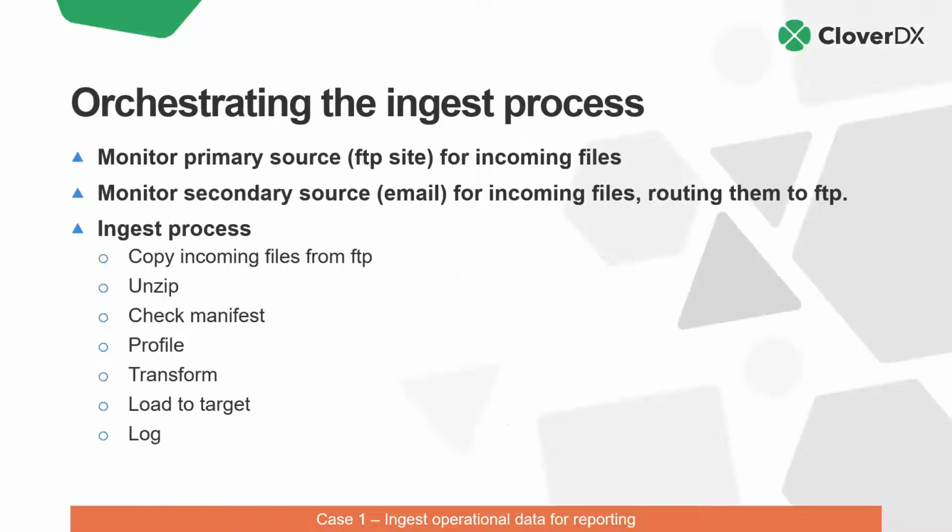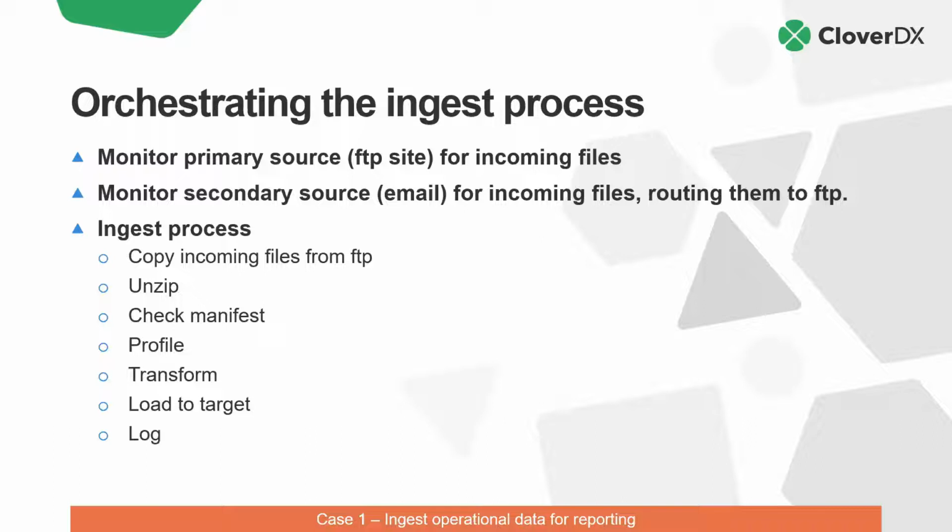If we think about the steps of the ingest process in this case, this is what we're faced with. We need to monitor a primary source for incoming files. In this case, the schools all push data up to an FTP site. They each have a private folder, and multiple times a day, they push data into their folder on the FTP site. And that's where the process begins.